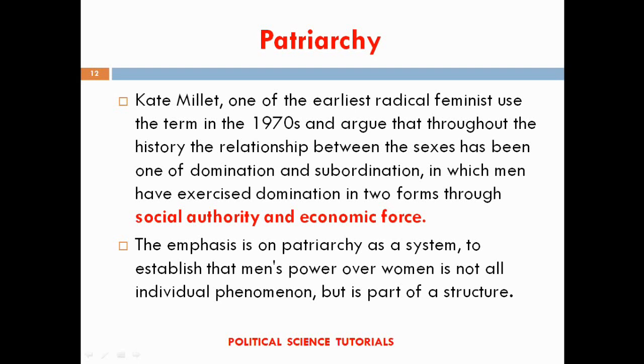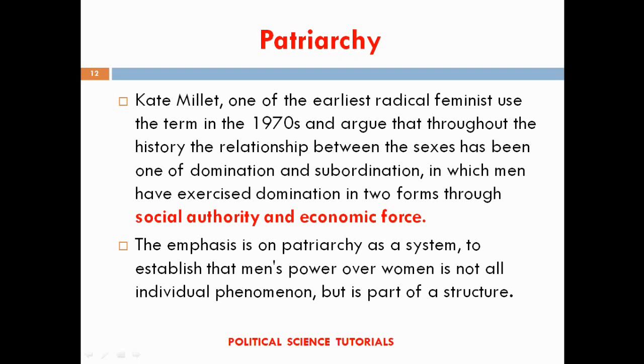Again, if we see societal rules and norms, these rules and norms restrict women's mobility and confine women within strictly defined space, and they are entirely denied the chance to develop their individual capabilities.